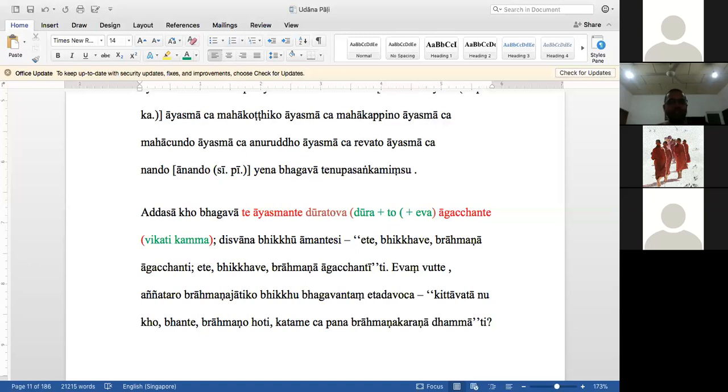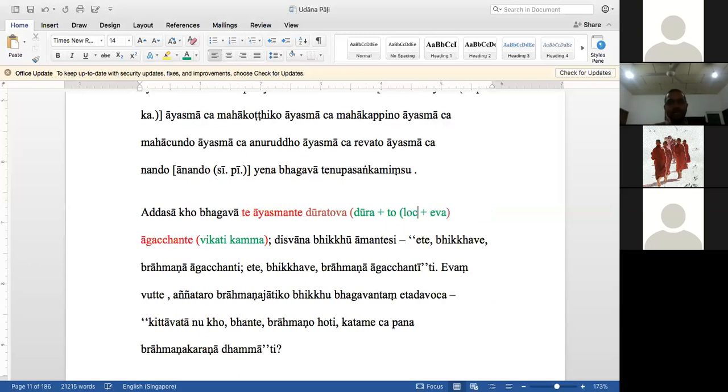Here when we say he was seen from far away, if you take the first translation, Buddha saw them while coming from far away, not before they reached close by. So this Durato shows the location where the monks were when the Buddha saw them. I'll repeat again, the location where the monks were when the Buddha saw them.